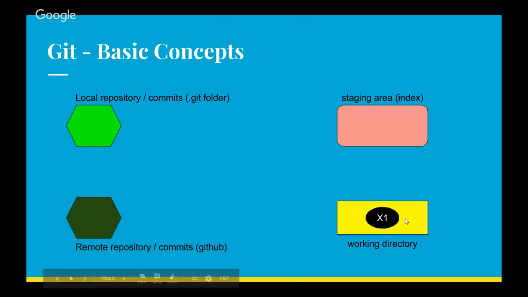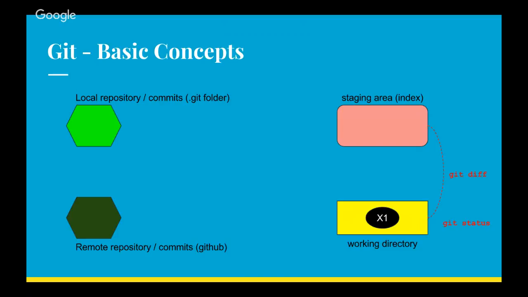Maybe you added a file, maybe you edited an existing file. So now the state of the working directory is x1. You can always view the status by running this command called git status, or my preferred one is git status -s, which shows you an abbreviated version.